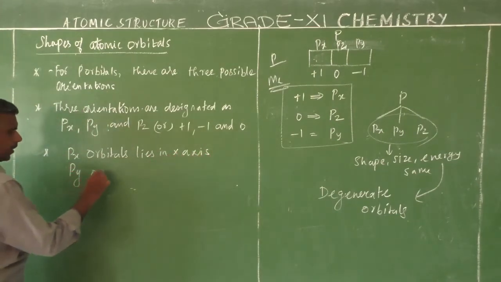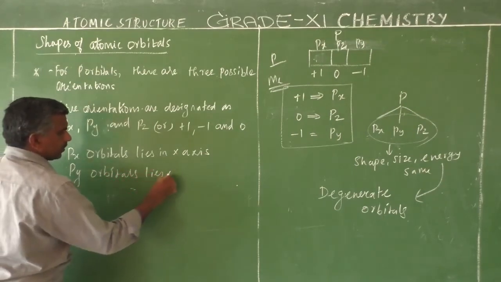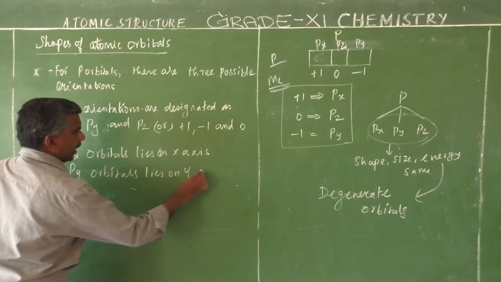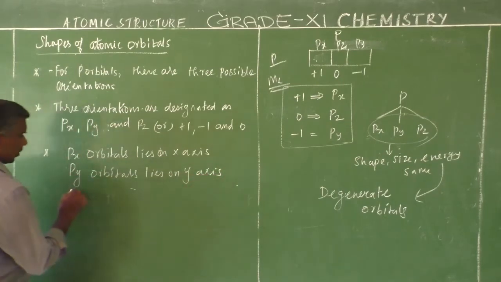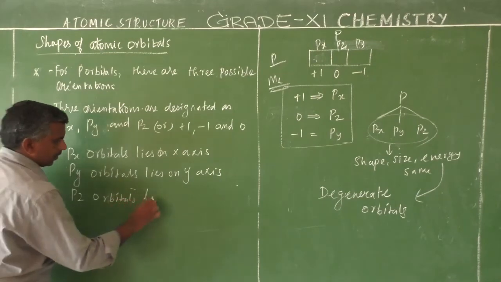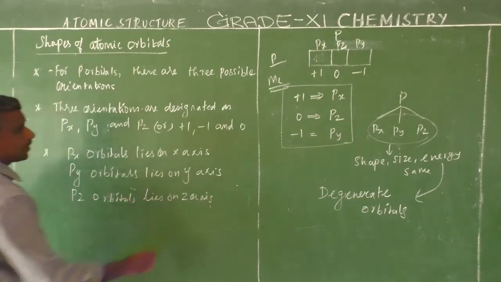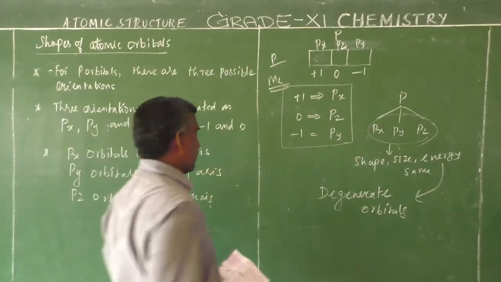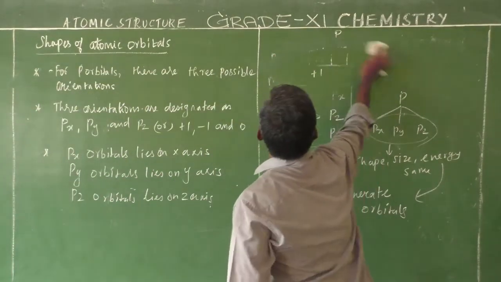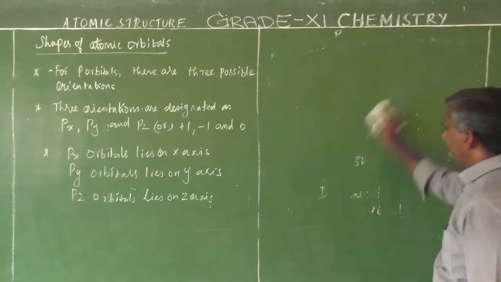Py orbitals lie on the y-axis. Pz orbitals lie on the z-axis. Okay. Now I will draw the charge cloud diagram for px.